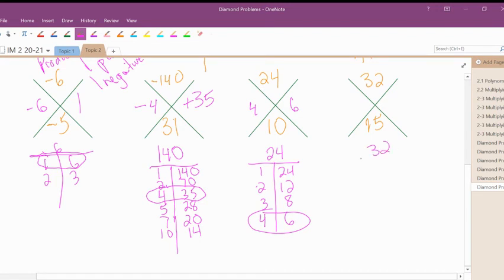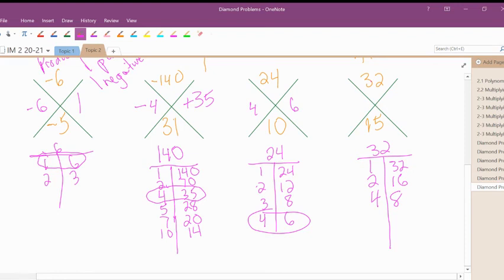We got one more to do here, 32. So that's 1 and 32, 2 and 16. 3 doesn't go in. 4 and 8. 5 doesn't go in, 6 doesn't go in, 7 doesn't go in, and 8 does. So there's these options. Again, they're both positive because 32 is positive as well as 15.